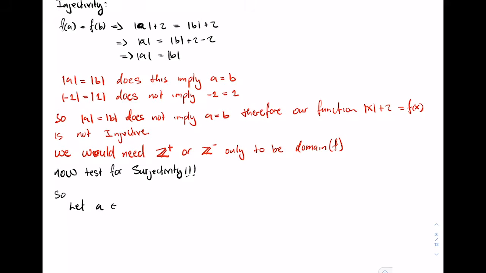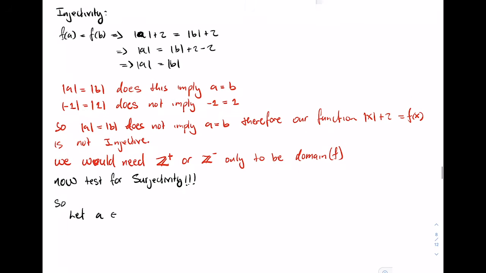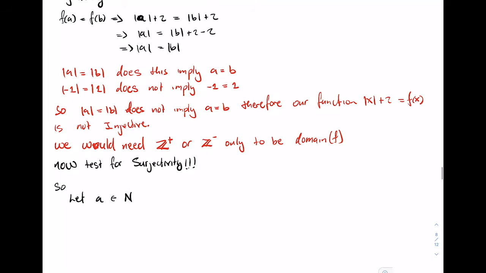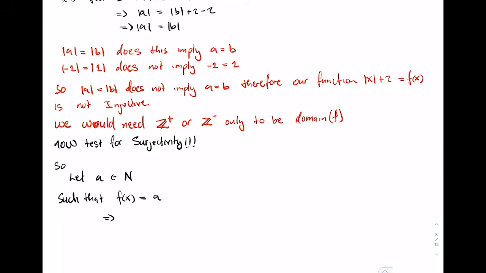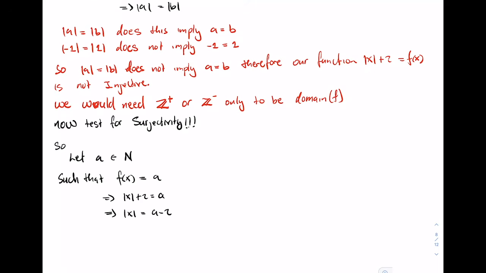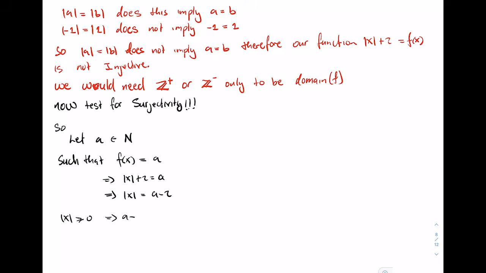In this case, our codomain is, scroll back up, the set of natural numbers, okay, such that f of x is equal to A. This implies that the modulus of x plus 2 is equal to A, which means that the modulus of x is equal to A minus 2, which means that, hold on, there's a restriction on the modulus of x. The modulus of x must be greater than or equal to 0. So this implies that A minus 2 is greater than or equal to 0, which means that A is greater than or equal to 2.